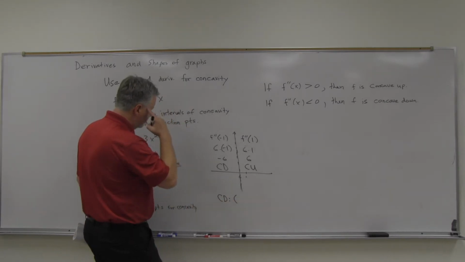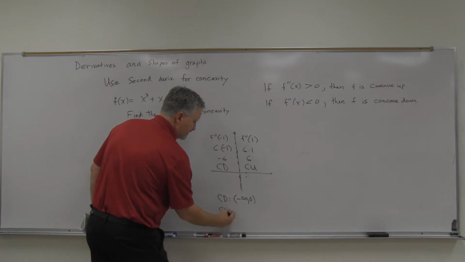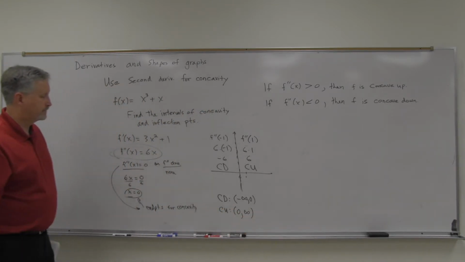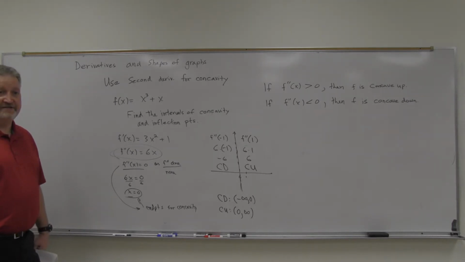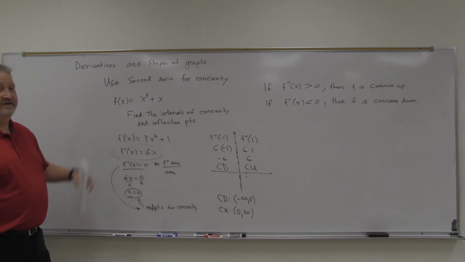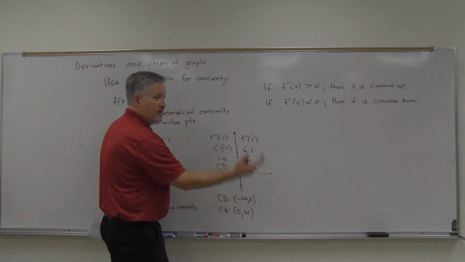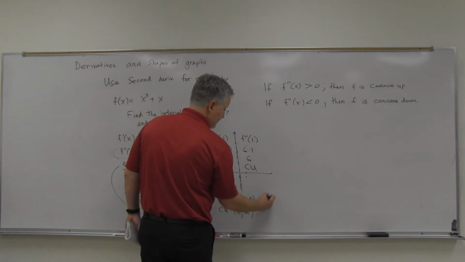So we put that as an interval: negative infinity to 0 is concave down, and 0 to infinity is concave up. Good. Which also means we have a change in concavity, which means we also have an inflection point, right? Because if it changes concavity at 0, then that point at 0 is an inflection point.